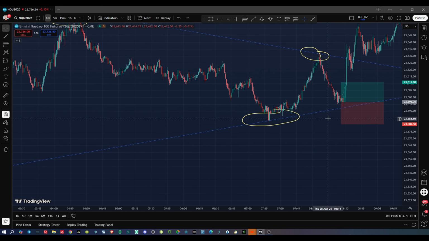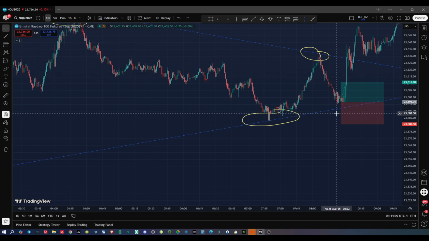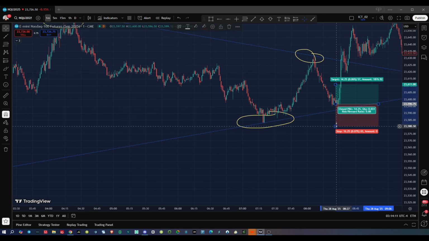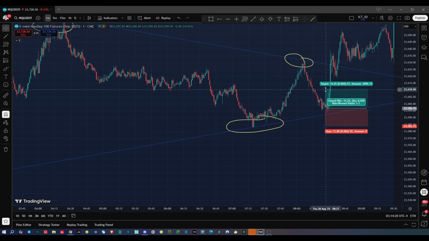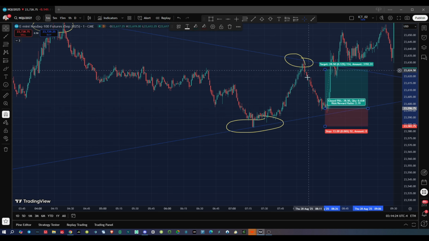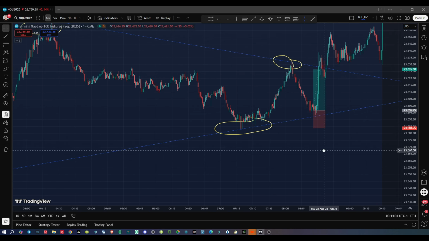If it's going to break, you need to be out before that. So I would put my stop loss here, just more than 10 points, or you can just make it 10 points in this session. I think the volatility was not too bad. And you can target the trend line on the upside and exit there. And that was your trade.